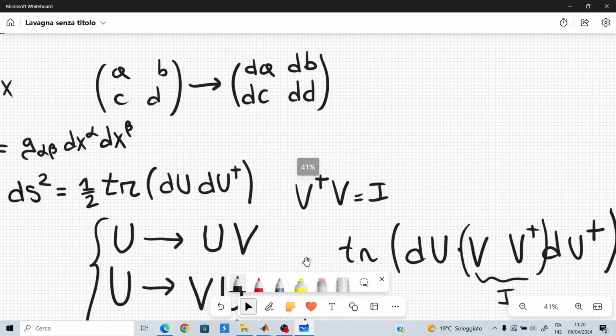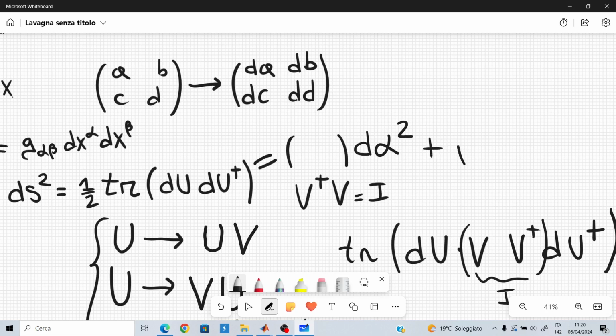Now when we take the trace here, and I will do that with MATLAB because I don't want to do these computations here, we will get something like this. We will get some quantity that multiplies d alpha squared, where alpha is one of the Euler angles.